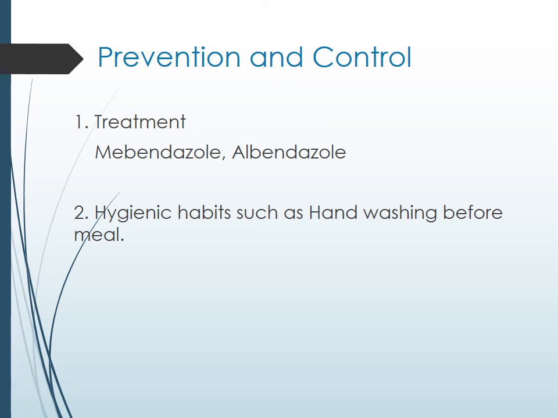The clothes of the infected person also contain the egg, so proper washing of those clothes would be very useful. So basically hygiene would prevent the infection. And health education, because through contaminated hand it may enter in other person via doorknobs or the tap and other surfaces. So these are the things which should be taken care of.